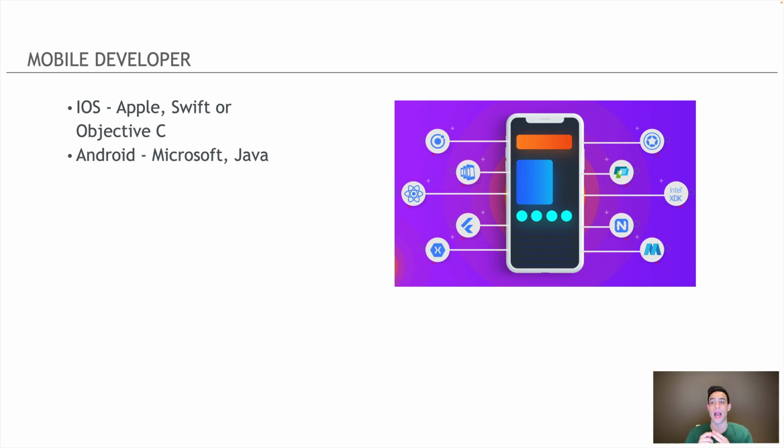I myself am an iOS developer and would like to pursue development in iOS for Apple. I've programmed in Swift and Objective-C. I know there's also Android that you can program for, and it's more Microsoft. It utilizes Java as a programming language.